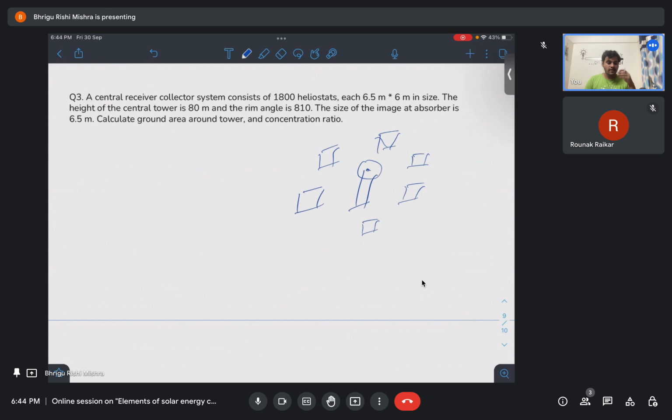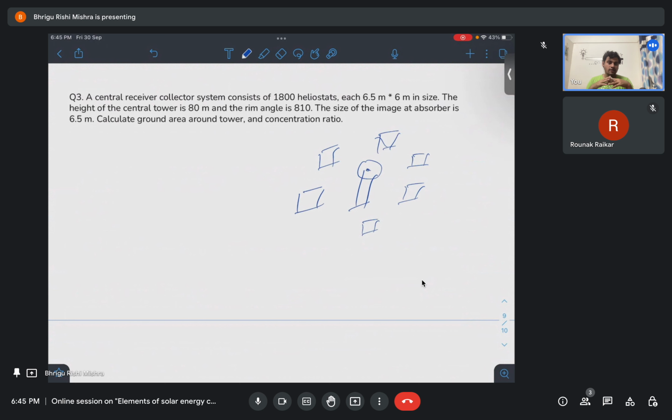That is why there are studies to optimize the position of these heliostats in the field. We also need to make the field compact. So first our priority is to place them such that one heliostat cannot cover the other, and also we need to minimize the area as much as possible, otherwise it will increase the cost.